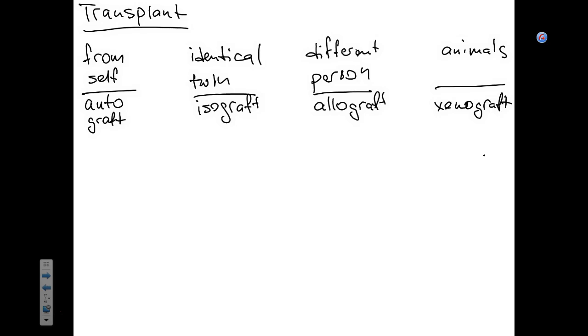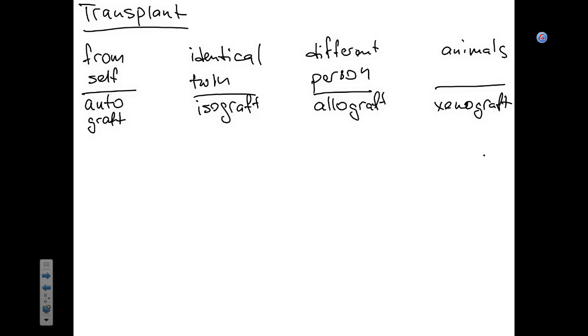Allograft. When we refer to a different person, who is a different person? Somebody that is not an identical twin. A mother, father, brother, sister, they are all sources for allografts if they're not genetically identical to you. Does that make sense? Often the person who is not related to you may be a closer match than your relative.